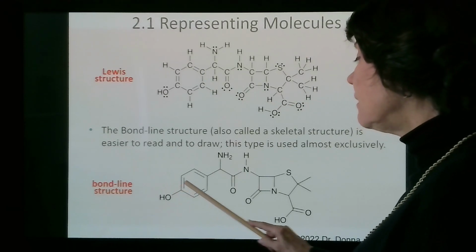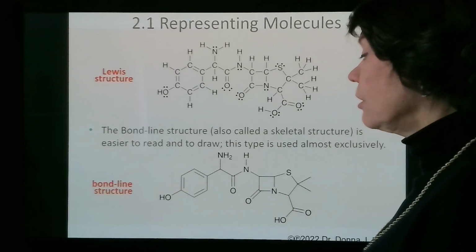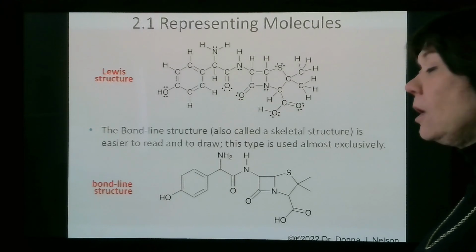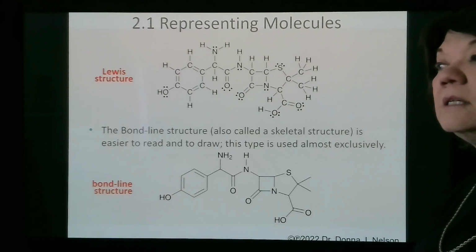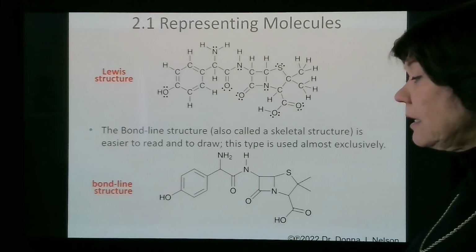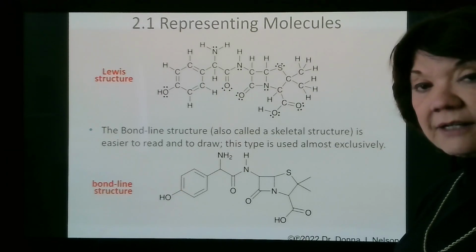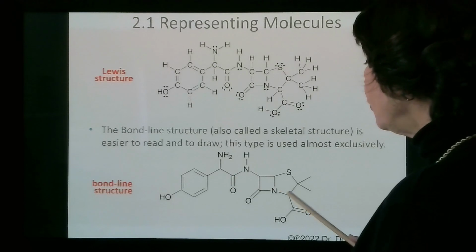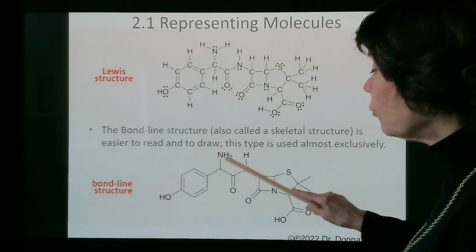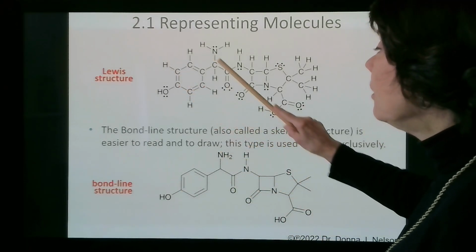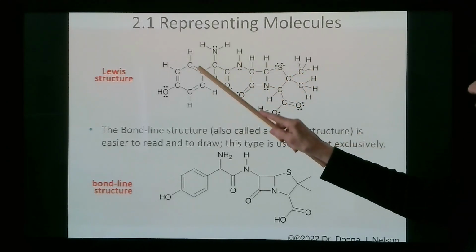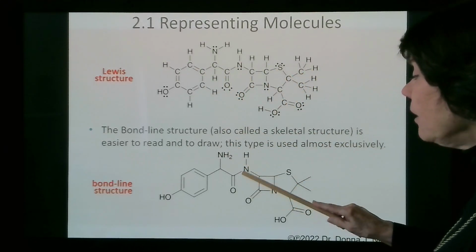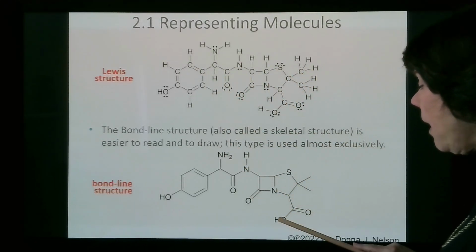The reason that this bond line structure is used is because the chemistry typically is going to be done at or next to functional groups. And so by drawing the bond line structure, the functional groups really pop out at you. Up here, they're just sort of buried in the rest of the clutter. But here, the functional groups really pop out at you.